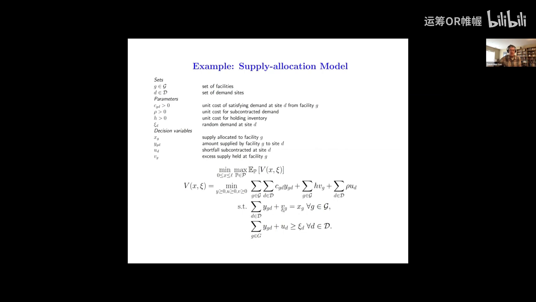And if I have leftover stuff, V, then I have to pay the overage holding cost. And if I don't have enough capacity to satisfy the demand, then I'm short. I'm under for customer D, and then I have to pay this shortage cost. So we're trying to install capacity in such a way that we balance these two.